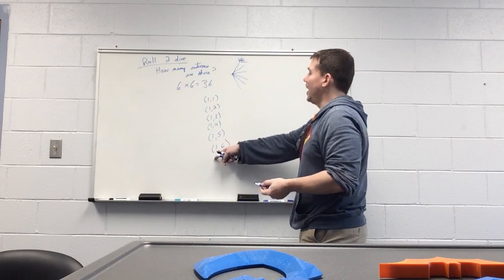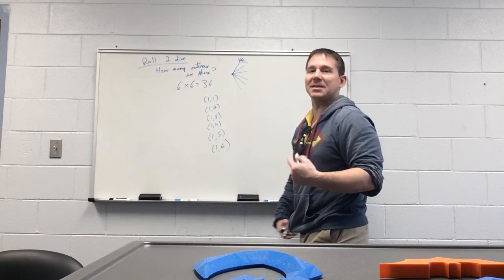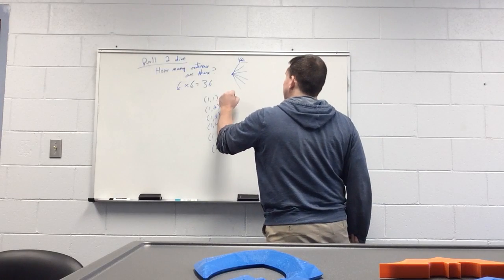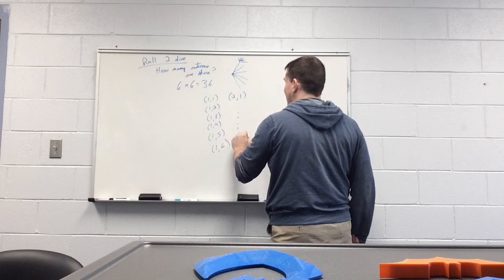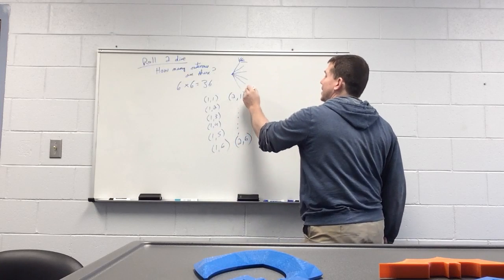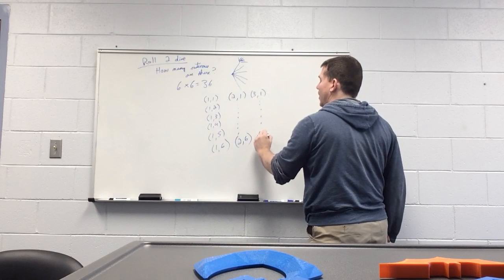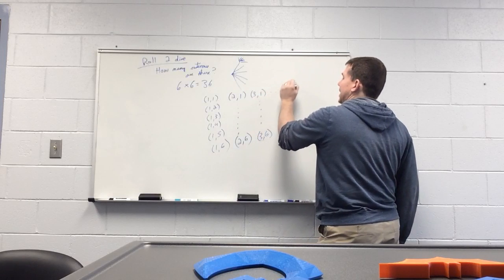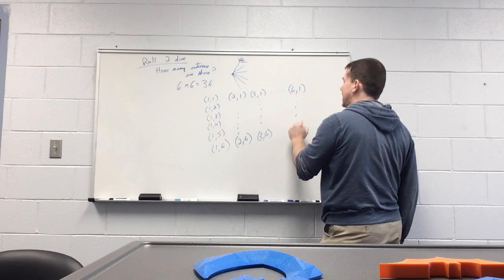Meaning, I roll a 1 on my first roll. On my second roll, I get a 1, 2, 3, 4, 5, or 6. But then, I can get a 2 on the first roll, and I'll do the pattern again, from 2,1 to 2,6. Then I'll do 3,1, all the way down to 3,6. Over to 6,1, down to 6,6.